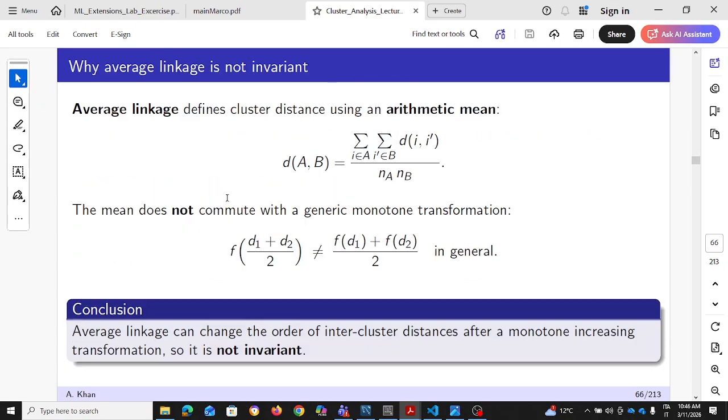In the second case, when we have the average linkage, if you remember, average linkage was a compromise between the single and the complete linkage. We used to take the two distances and take the average of them. So this kind of distance is not invariant. Why? Suppose you first take the distances between the two clusters, sum them, average them, and after that you apply the monotonic transformation, you will get one distance, let's say 3.5, just as an example.